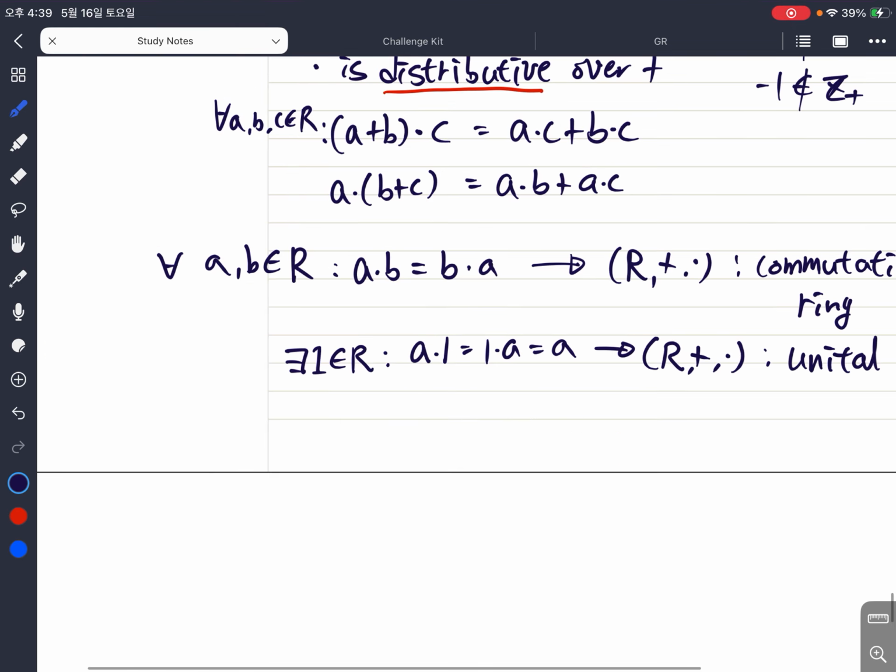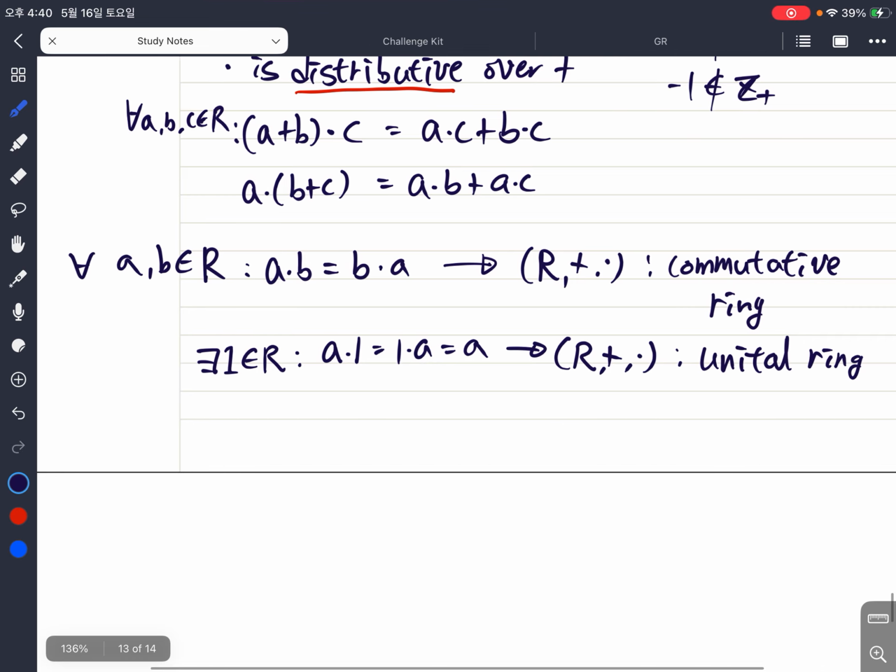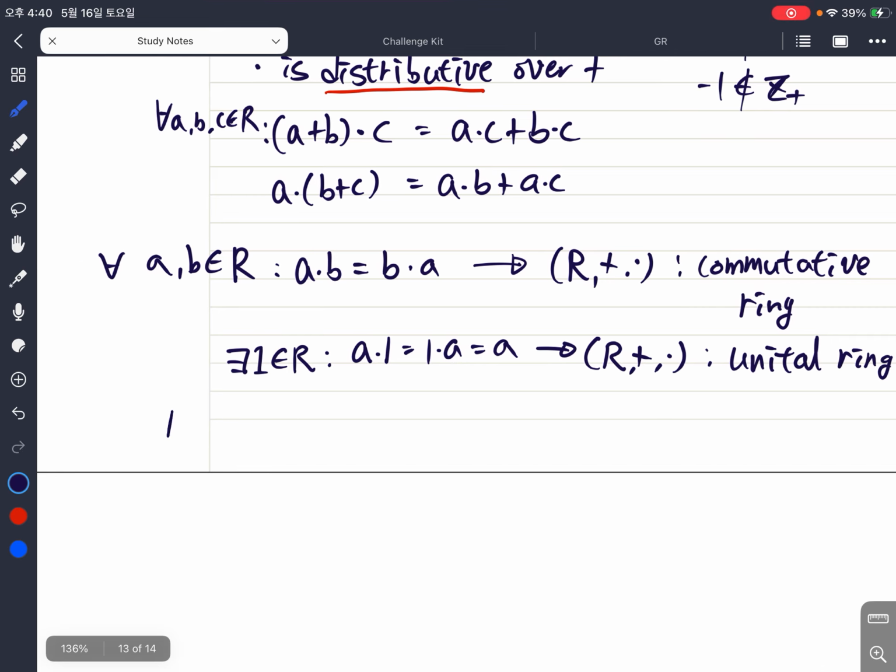Finally, let us say R is a unitary ring, but we have an extra condition, not on R, but on R minus 0. This is set minus. So if we don't include 0 in it, let us define this as R star.